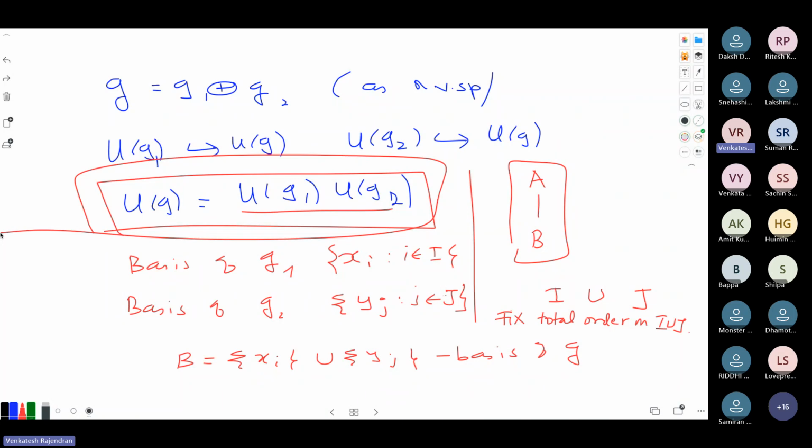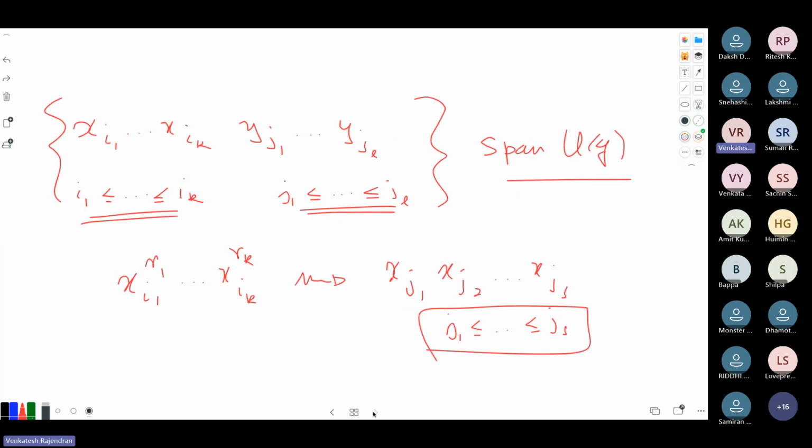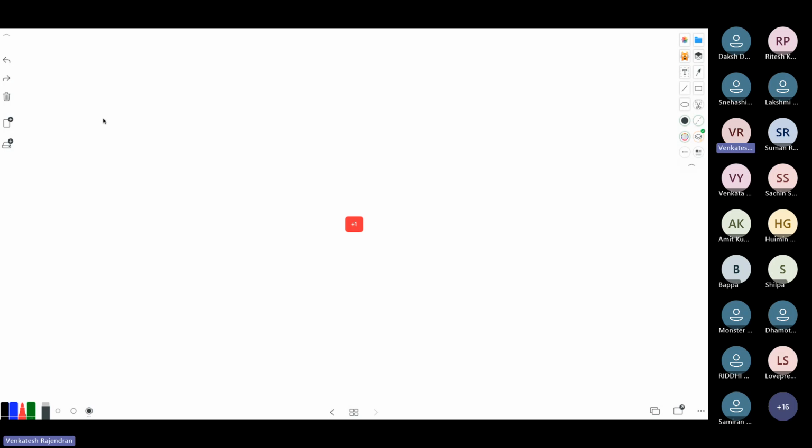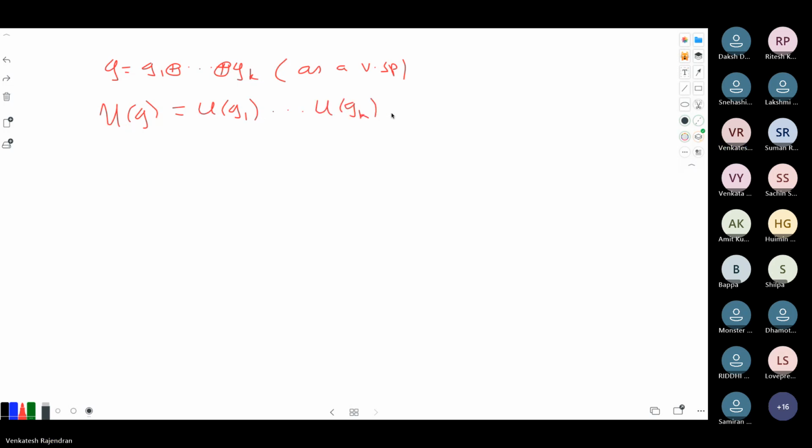Then UG will be just a product of those individual pieces: UG1 times etc. times UGK. This way of writing it helps a lot in highest weight theory, so when we do highest weight theory, you will see the applications of this.